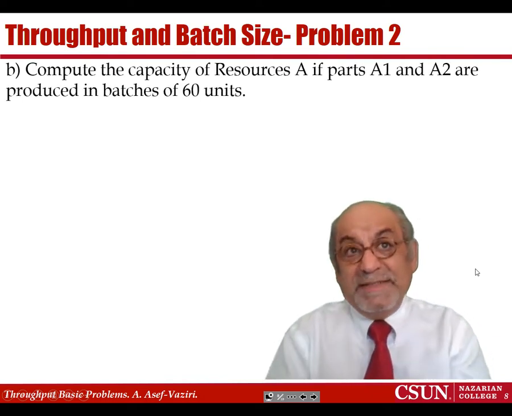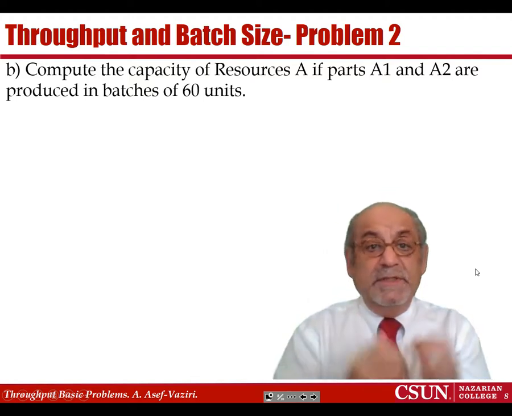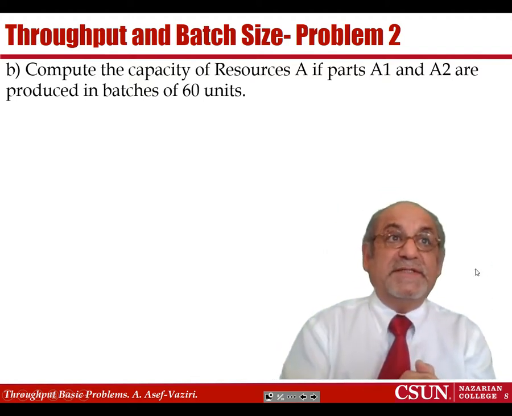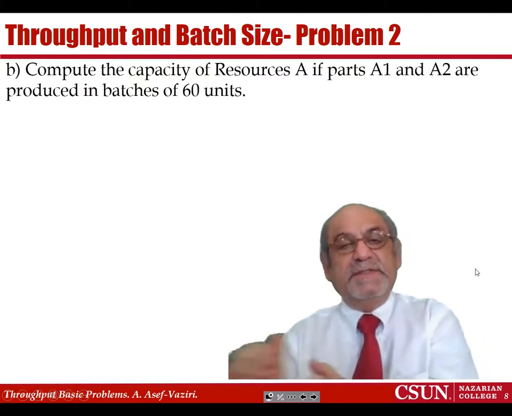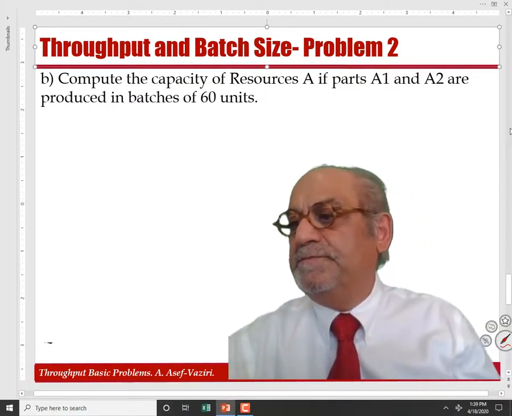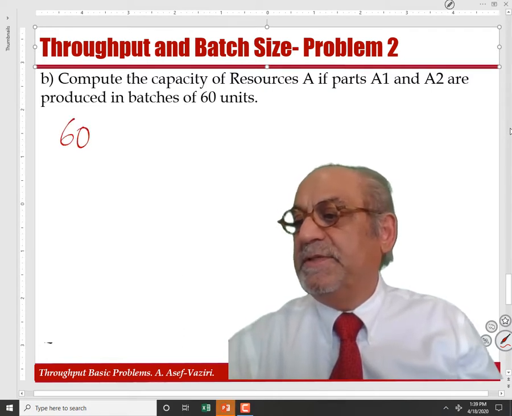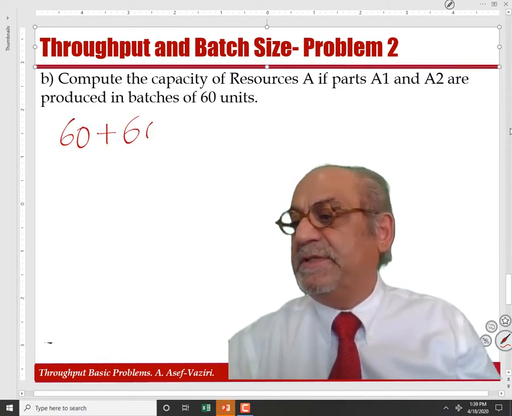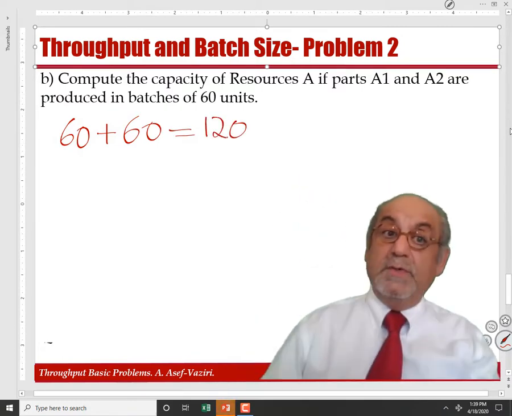Now compute the capacity if they are produced in batches of 60 units, 60 A1, 60 A2. Setup times are 60 minutes plus 60 minutes, so that is 120 minutes over there.